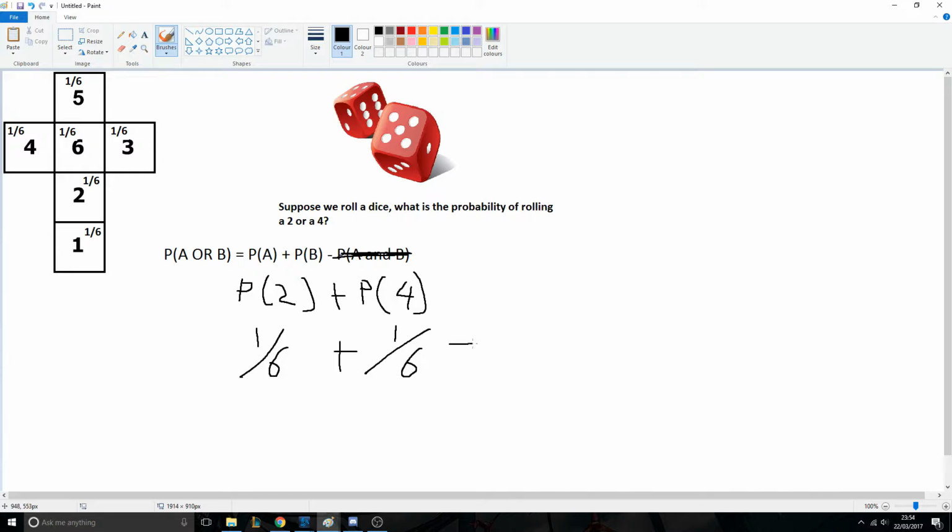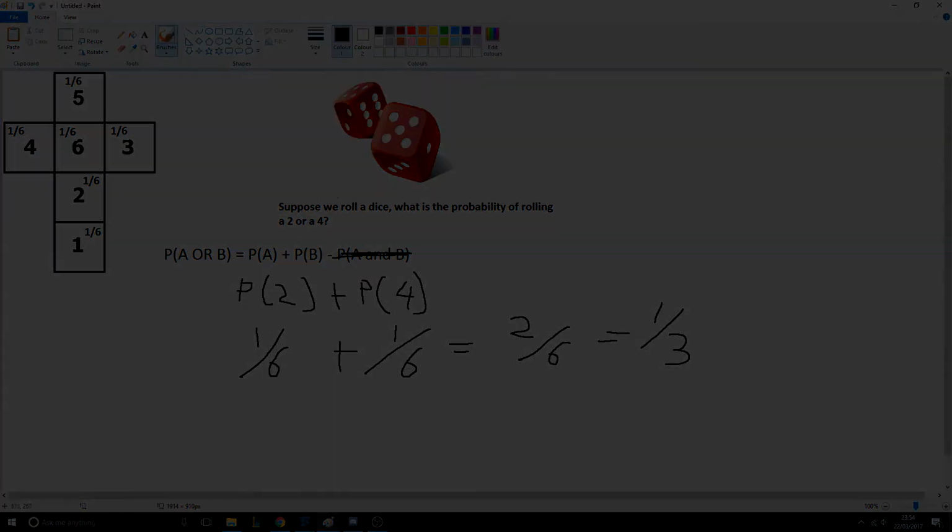So we just add this up, and this will give us 2 out of 6, and we can simplify this to get 1 out of 3. So there is a 1 out of 3 chance of us rolling a 2 or a 4.